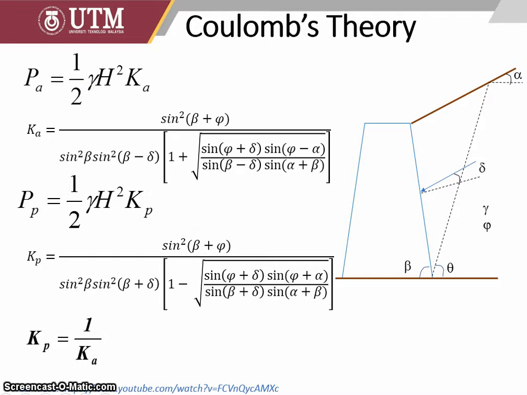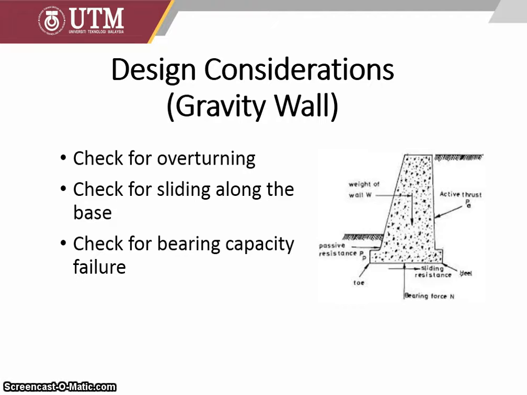So what we can do from knowing the lateral earth pressure is design the retaining wall, or in our course, we try to design the gravity wall. But this info is actually much more associated with the structure subject.